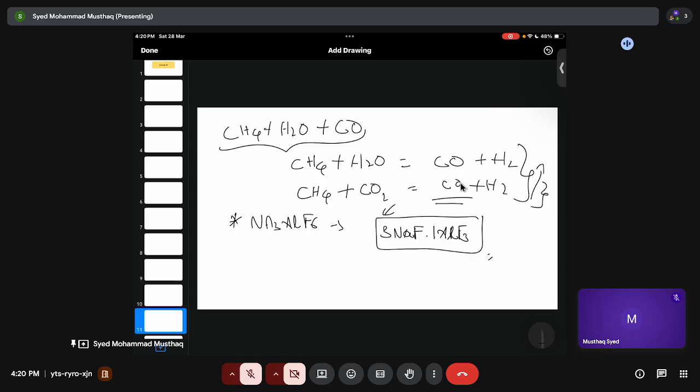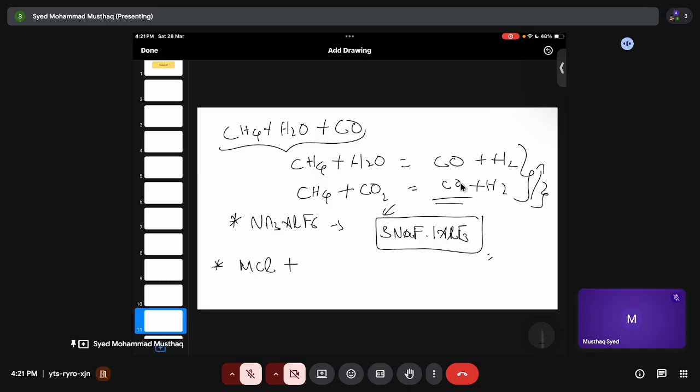You just heat it in the presence of oxygen. Simply heating, roasting, will not give you halides, so you need to use some reducing agents with them also. For example, if you have metal chloride or metal fluoride, it cannot react with carbon and give you metal plus CCl4. This is not possible.